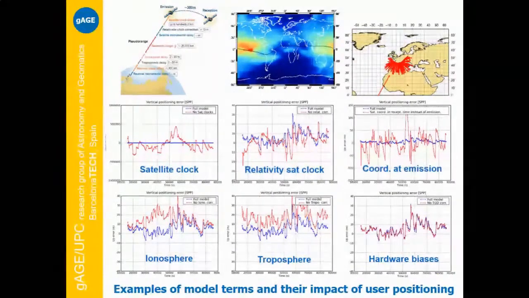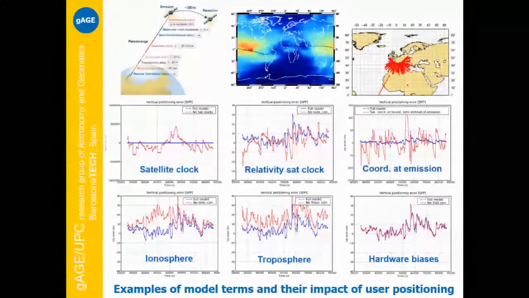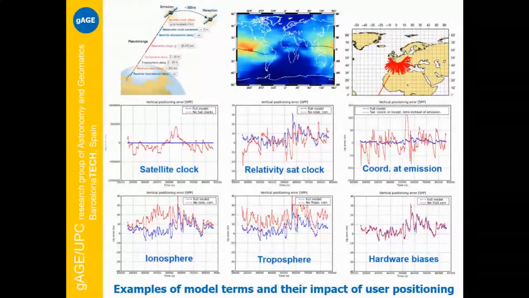Regarding the errors that are affecting the carrier phase measurements, we have many of them. This slide illustrates some of the most common errors that we have to deal with in GNSS positioning. We have errors in the satellite clocks.